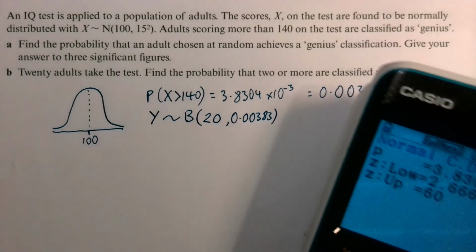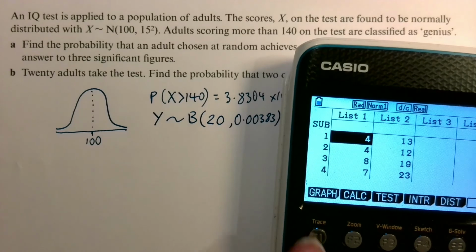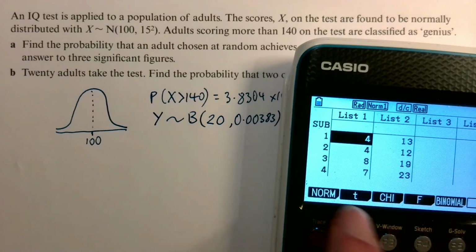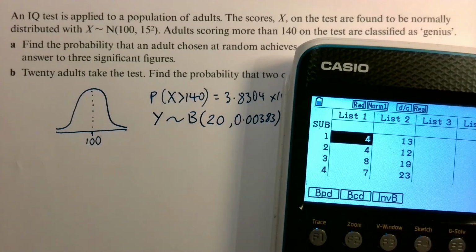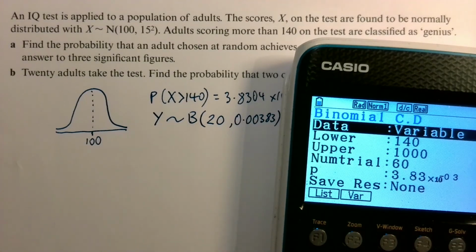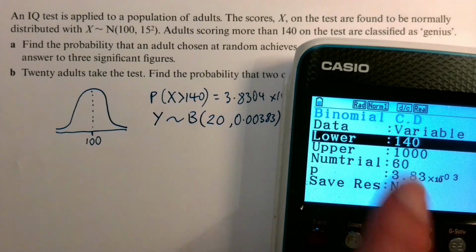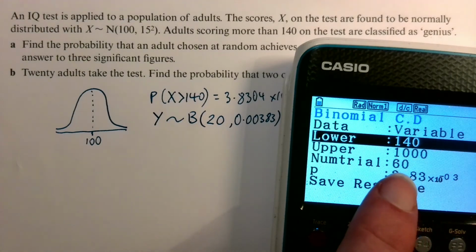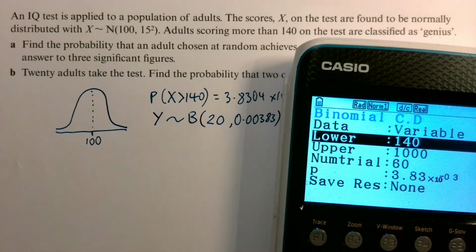And in order to do that, we need to come out of where we were, go to Distribution, Binomial, BCD. Hang on, that's what we had from before, isn't it?